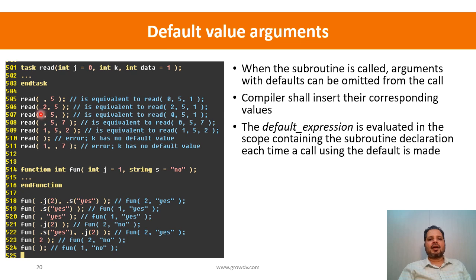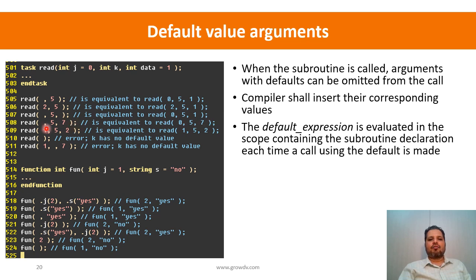Similarly, I can pass an argument value to the variable where I have defined the default value, in which case it gets overridden. So now I will be passing the actual value as 2, and to whichever variable I have not passed a value, the compiler will insert the default value that I have defined. Here I am not passing both of them, so they get inserted with the default values.